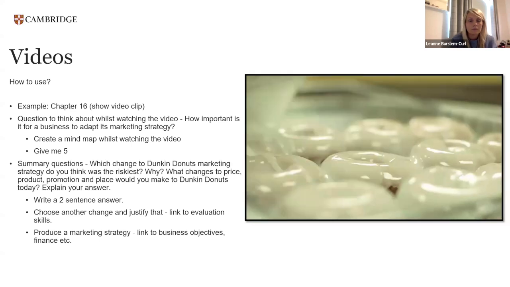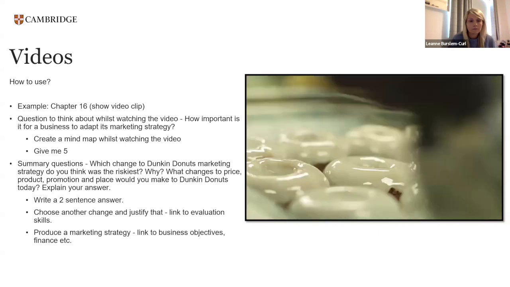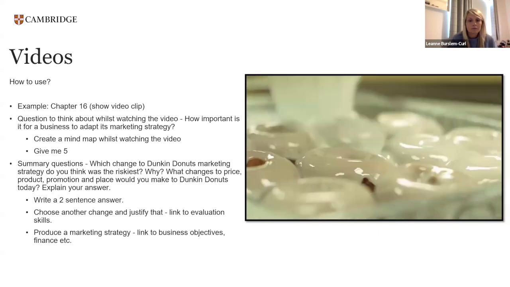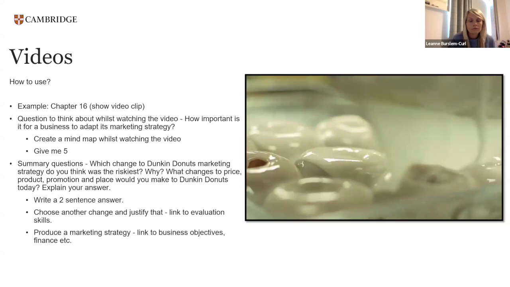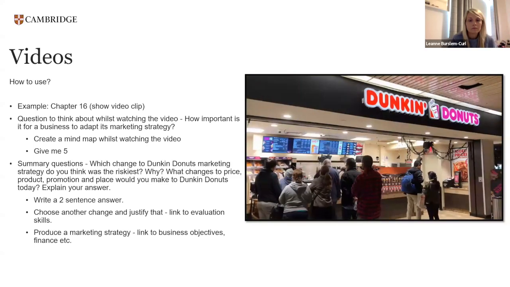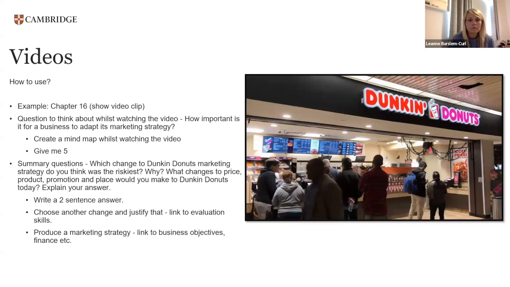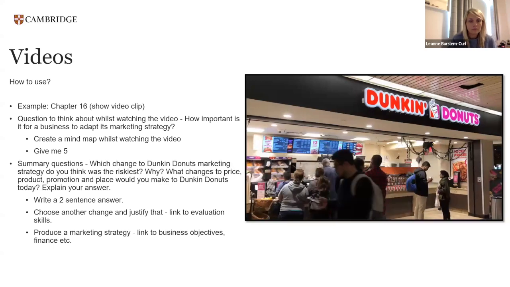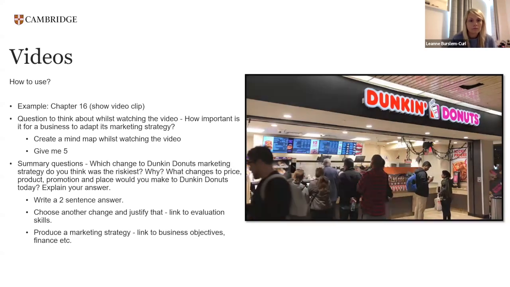Dunkin' Donuts expanded their product portfolio throughout the 1970s, bringing out new products to appeal to a wider range of customers. In 1980, Dunkin' Donuts made a big change to its marketing strategy. Until this point, they had offered only a takeaway service for their donuts and coffee.